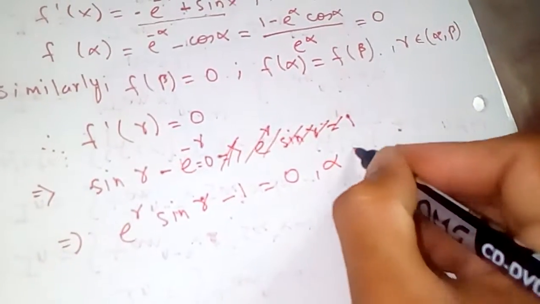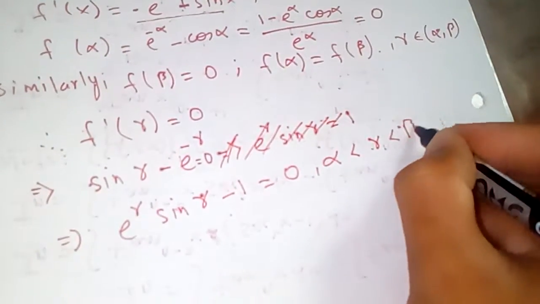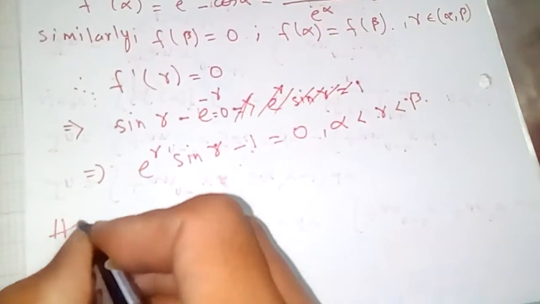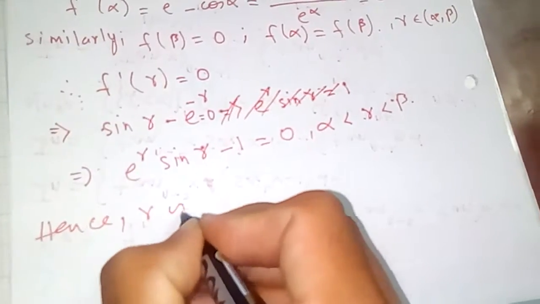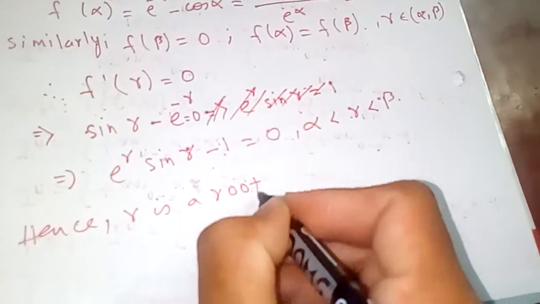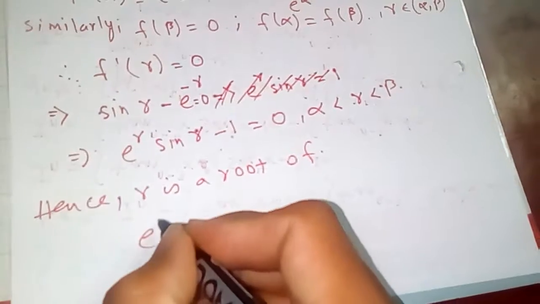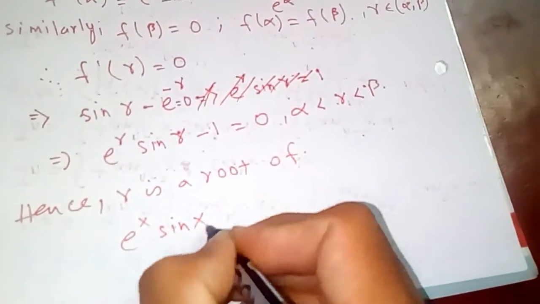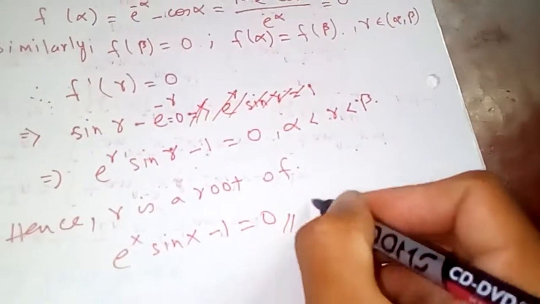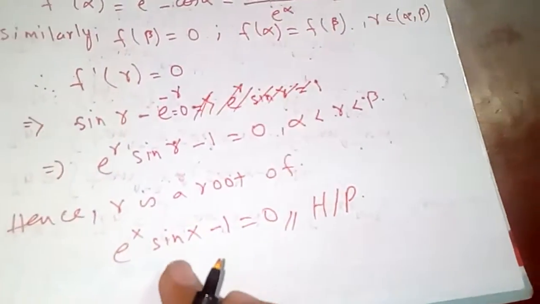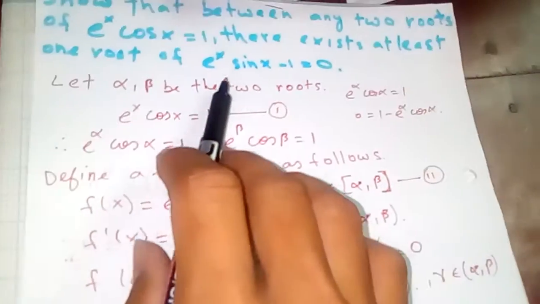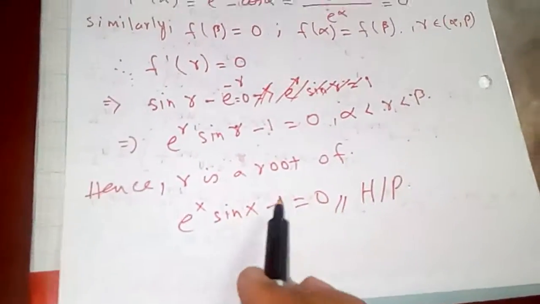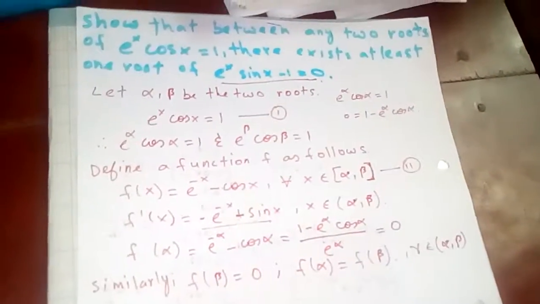That means gamma, which is between alpha and beta, is a root of e to the x sin x minus 1 equal to 0, replacing gamma with x. This is what our question says. So this is about Rolle's theorem, an application of Rolle's theorem.